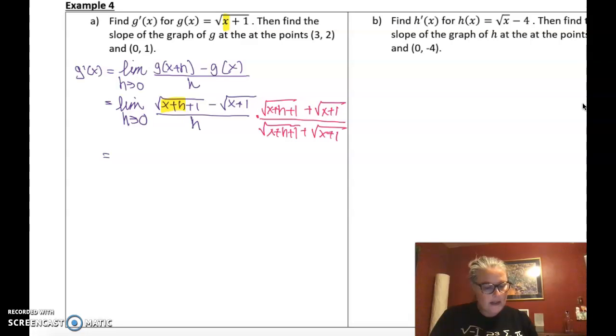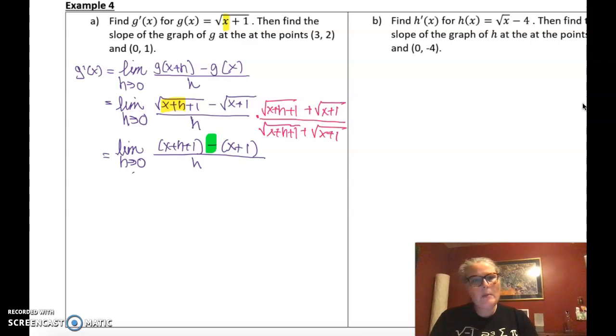And then in the numerator, just be really careful. It might be a good idea to put in a parenthesis for this. In the numerator, a lot of people mess up forgetting to distribute the negative, and that will give you the wrong answer. So we end up with x plus h plus 1 minus, in parentheses, x plus 1. For some reason, people mainly go wrong in this part, this negative, they forget to distribute.